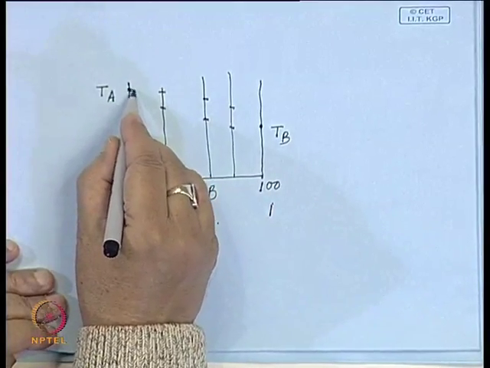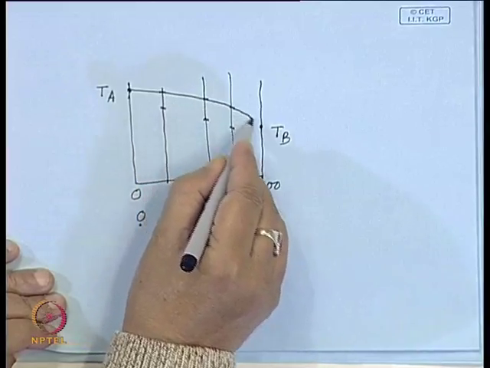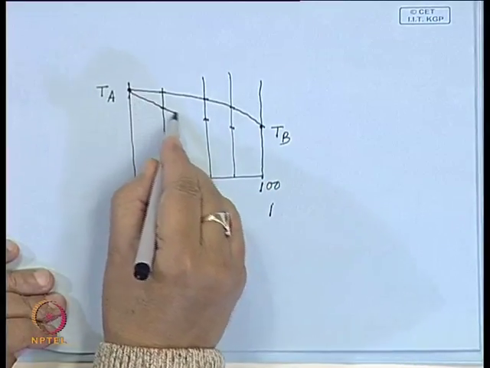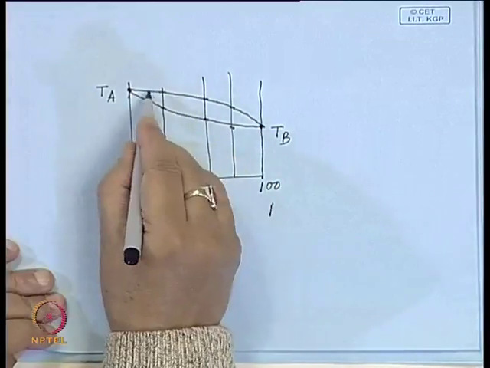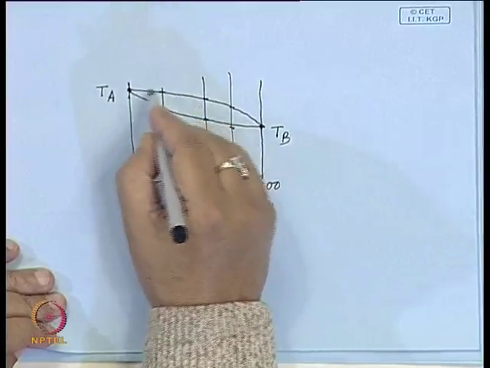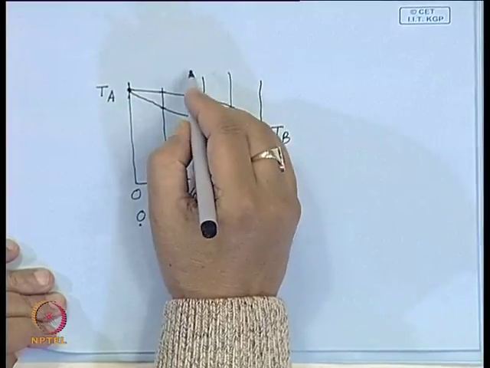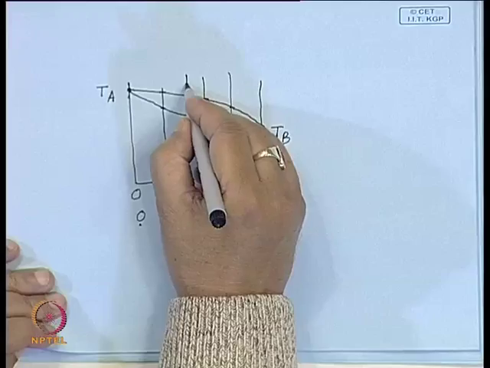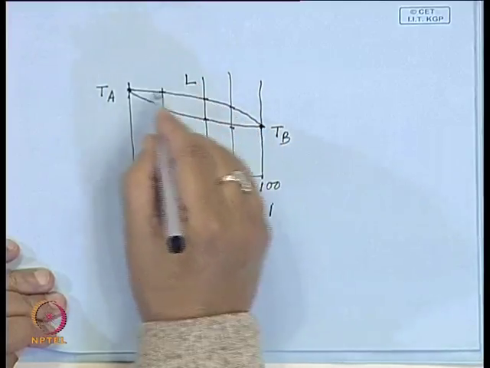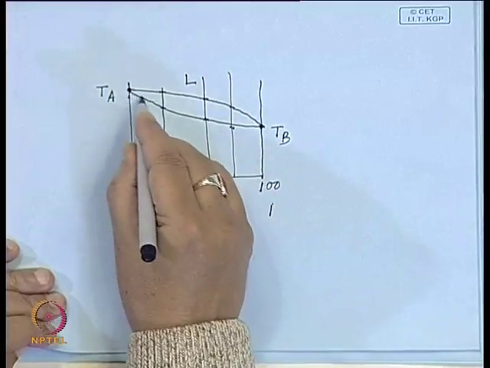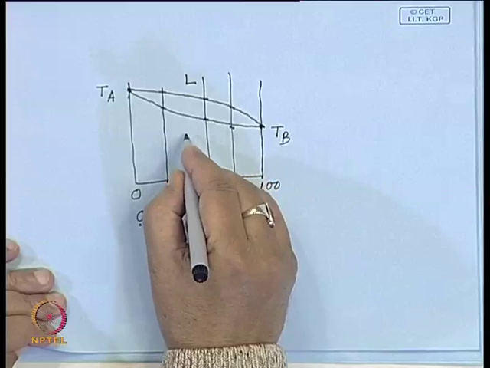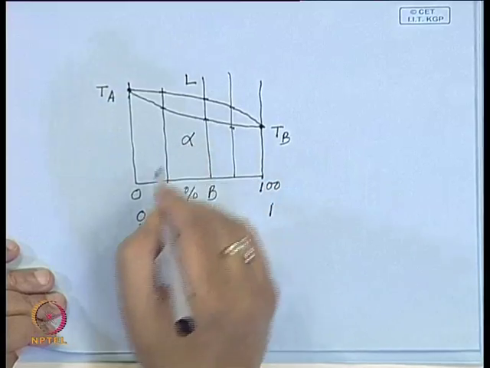And then if you join these, you get a diagram which says that above this temperature the material is entirely in liquid state, and below this T S temperature it exists in solid state.